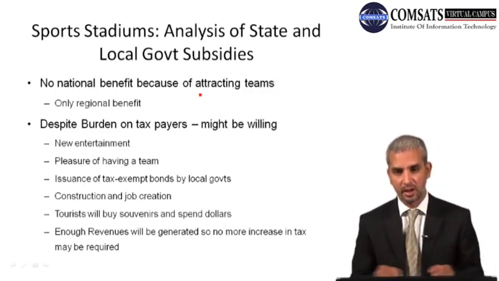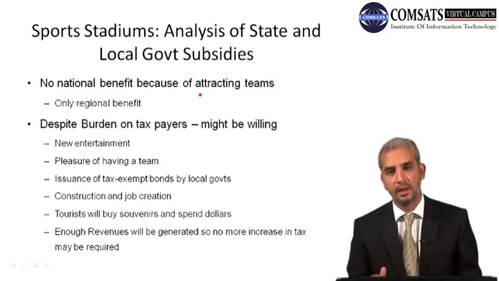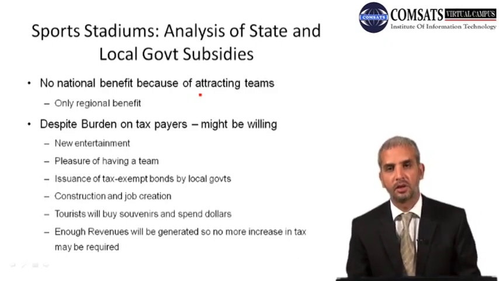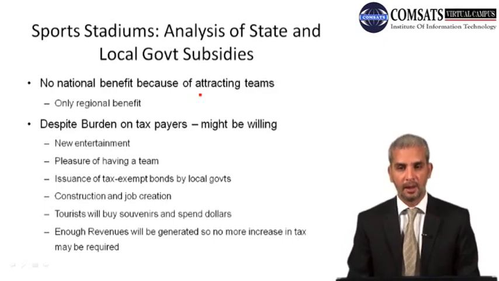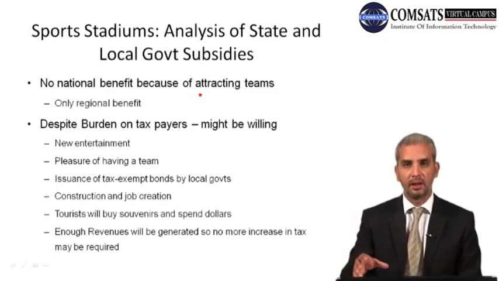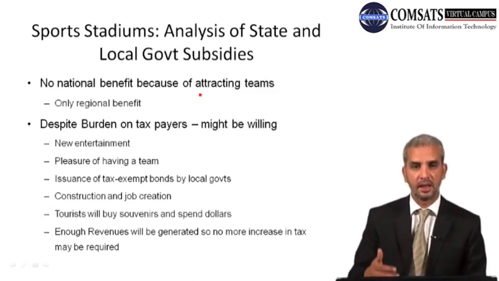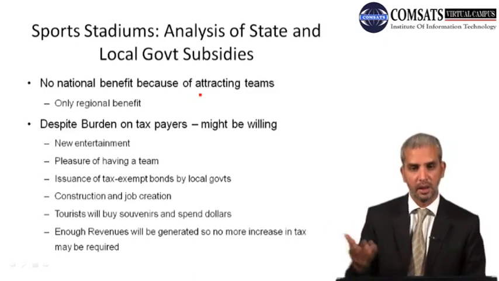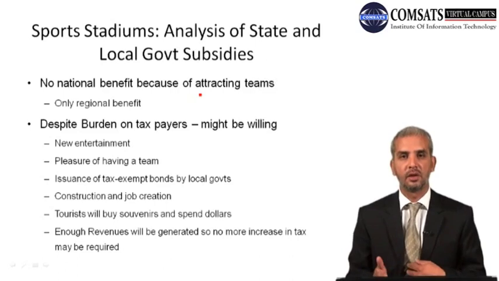Because if they build a stadium, for example in the Boston area or in any other regional state, they would attract a team to that area, and the local citizens can then associate with that team and cheer for that team, and that would be a sort of entertainment that would be beneficial for them.